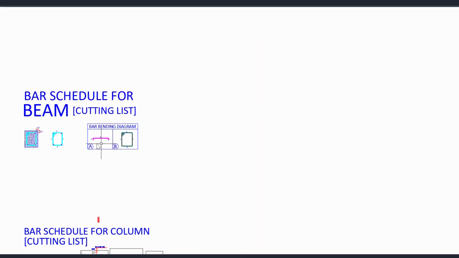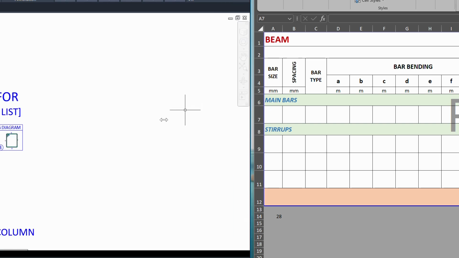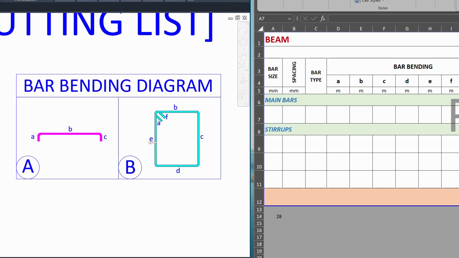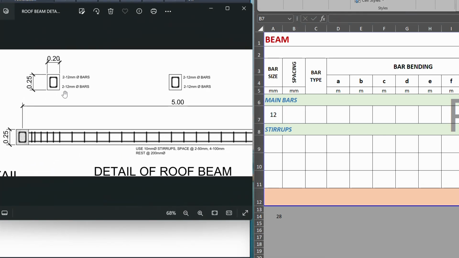So I have prepared the cutting, the bar bending. You can see this is for the main bars. So the bar size is, you remember, 12 mm, and for the spacing, they did not reflect it because it says 2.